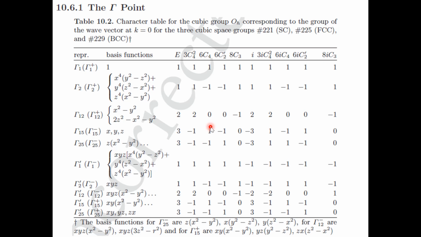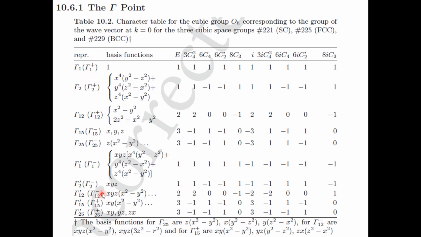So let's look at, we have seen that before, but again, this is the character table for the cubic group, and it corresponds to the three cubic groups, the 221, 225, and 229. These are simple cubic, FCC and BCC Bravais lattices, and this is for the gamma point. All right, k equals 0.